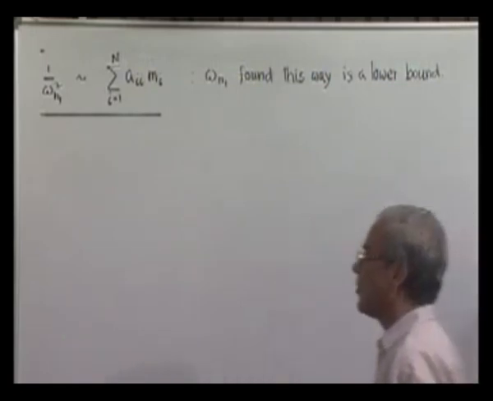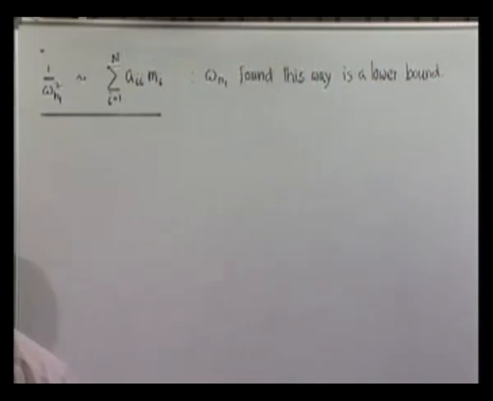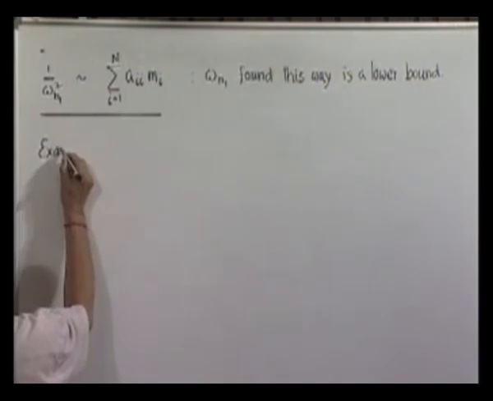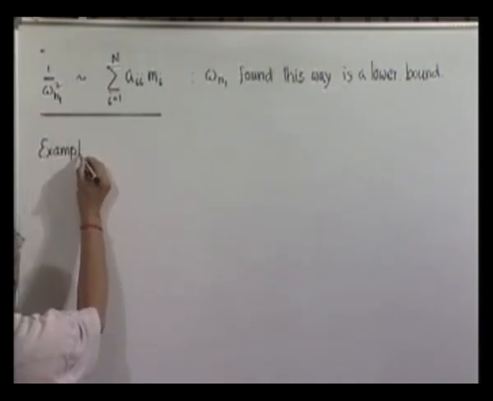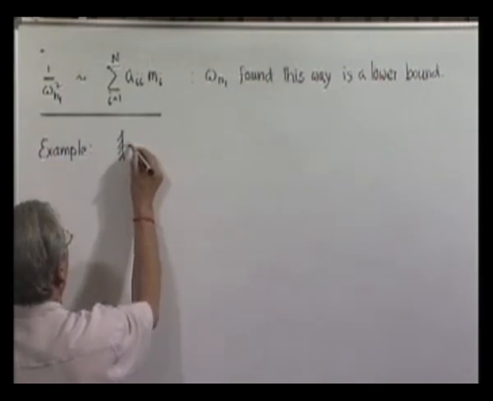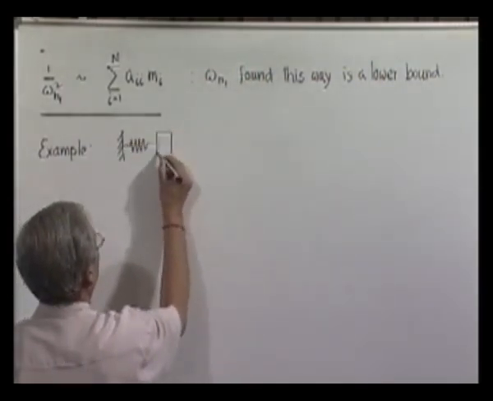We can apply this to one example we have taken. Let us see what kind of value we get. Let us take the same problem which you have already solved, so then you can compare the result.